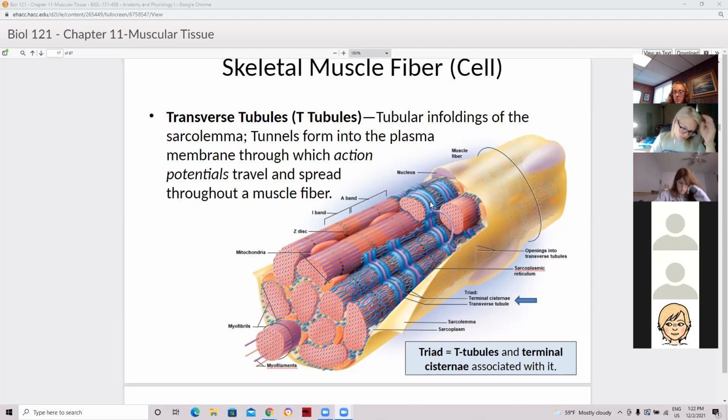These T-tubules with the terminal cisternae are termed a triad. So these are your T-tubules, and they move into the fiber. That's going to be important later.